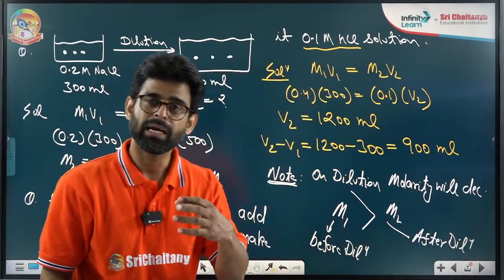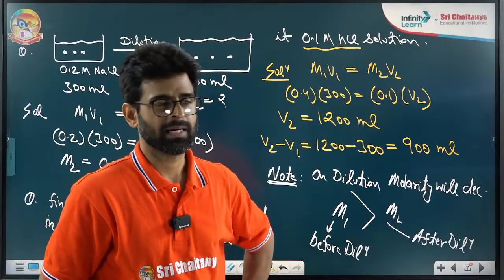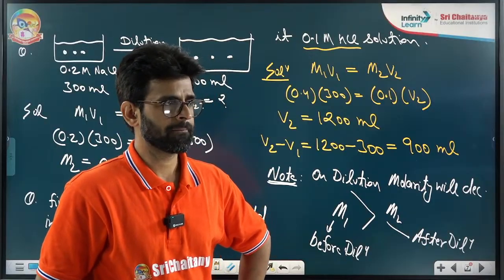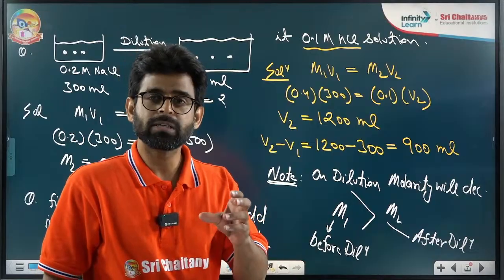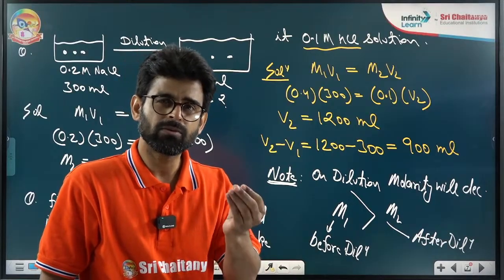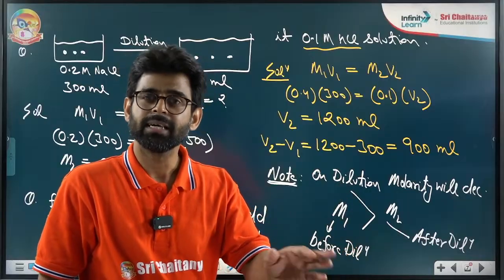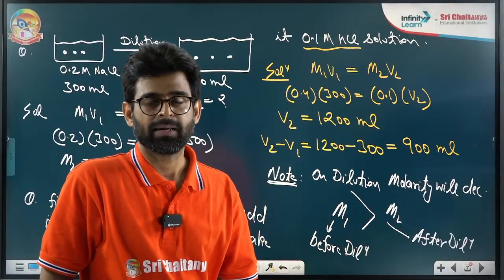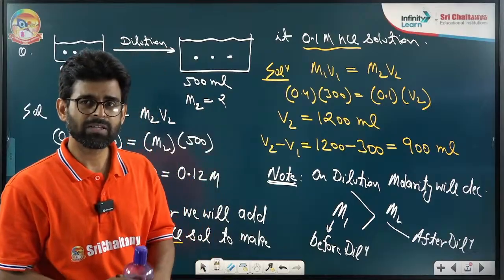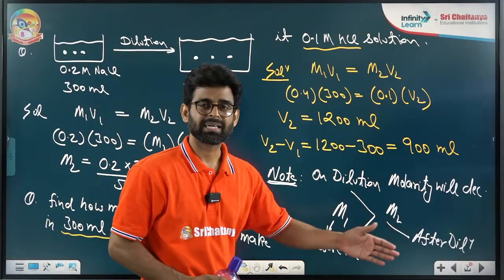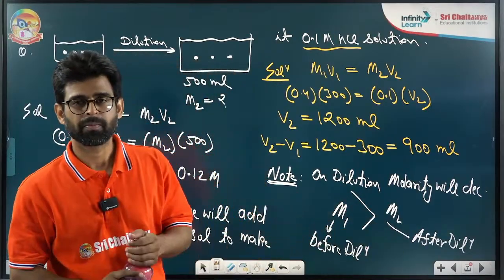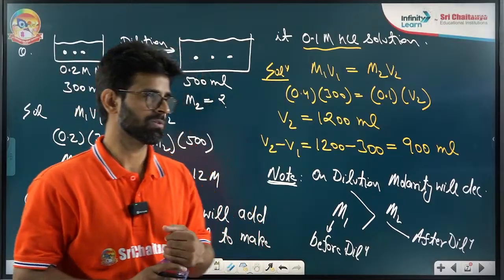On dilution, molarity will always decrease. Sometimes they will not give you the exact data, so you have to interpret that whichever option is less than the initial molarity can be your answer. If you do dilution, molarity can never increase.